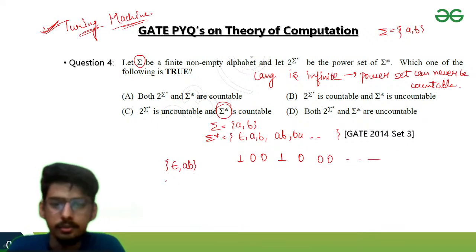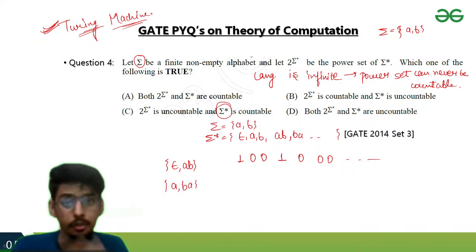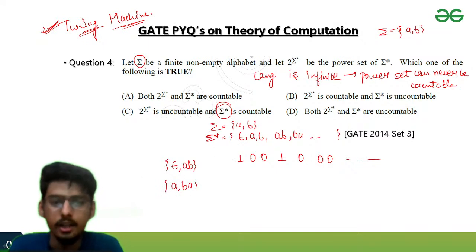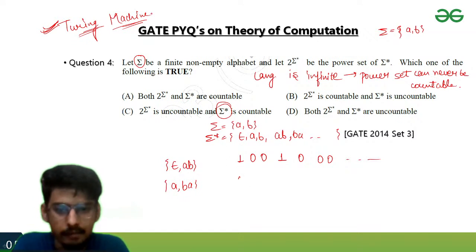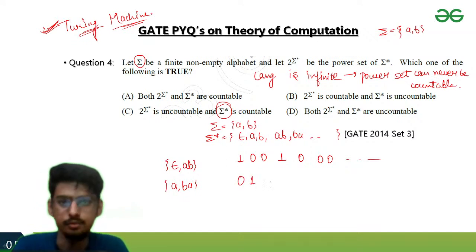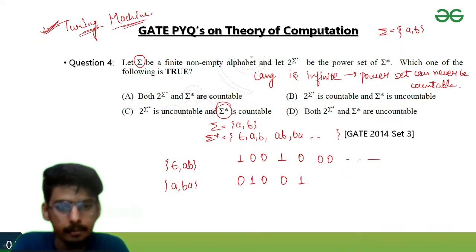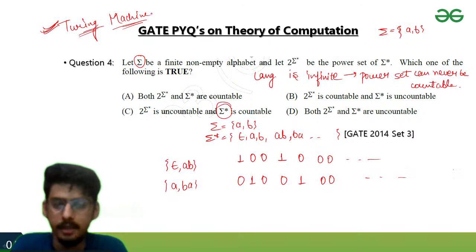Now suppose I choose A and BA. This is also a subset of sigma star. In that case, epsilon will be 0, A will be 1, B will be 0, AB will be 0, BA will be 1, then 0, and so on.